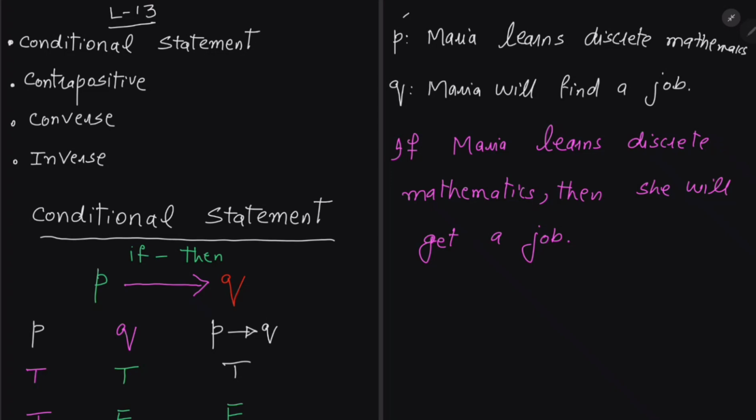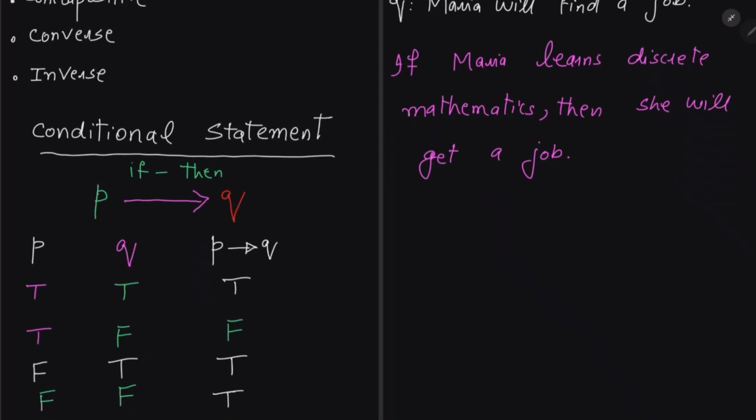Another example. Suppose we say that if 2 plus 2 is equal to 4, then x is equal to x plus 1. We write such statements in computer programming languages like MATLAB and Python.